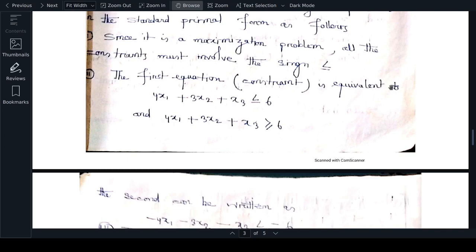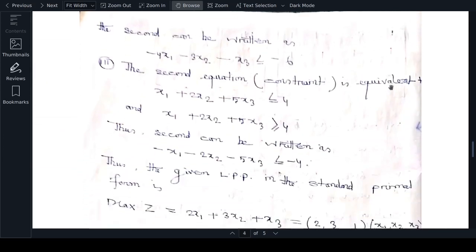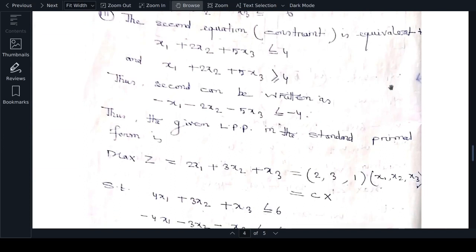Multiplying both sides by minus 1 gives us less than or equal to. Similarly, the second equation is equivalent to x1 plus 2x2 plus 5x3 less than or equal to 4, and x1 plus 2x2 plus 5x3 greater than or equal to 4.